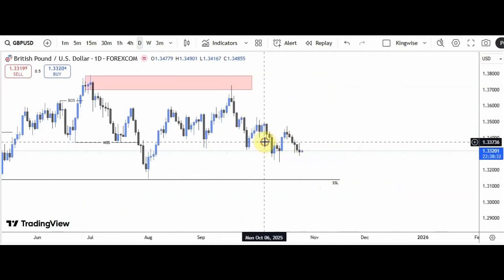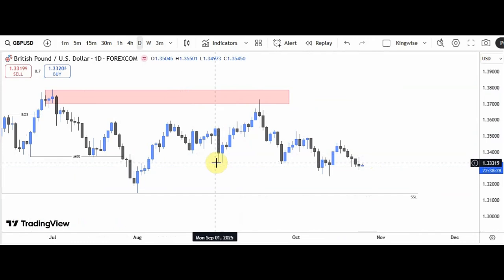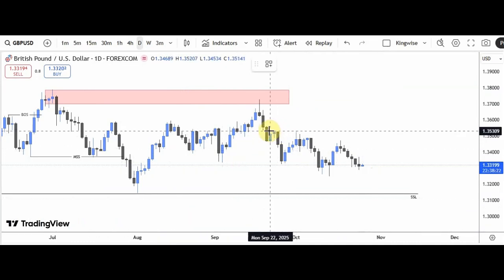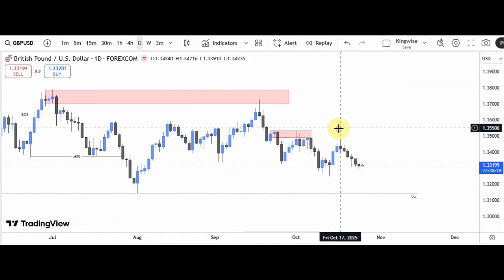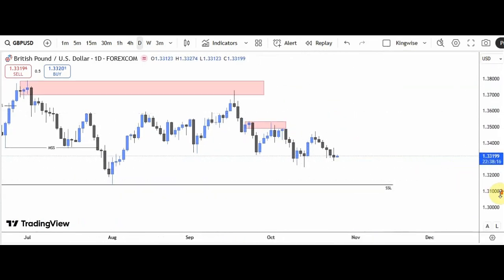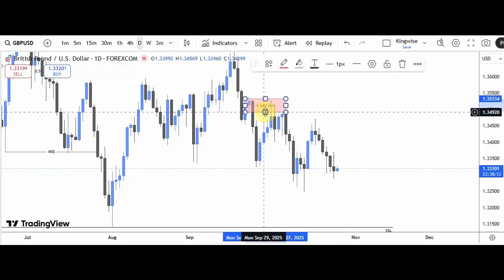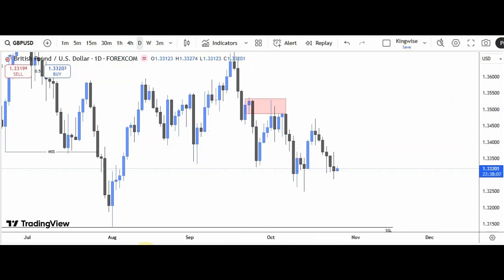Now recently, what can we see? We saw the price took out this low, returned into this last candle, which is the supply zone, returned to that candlestick, and what happened? It broke the structure.